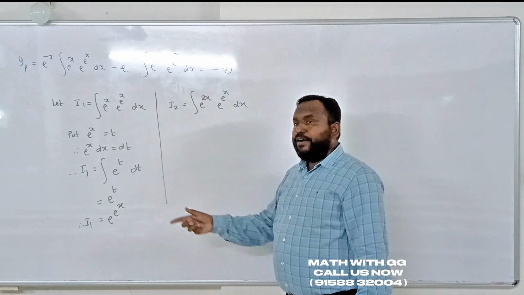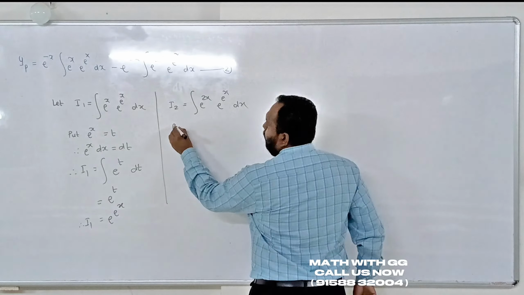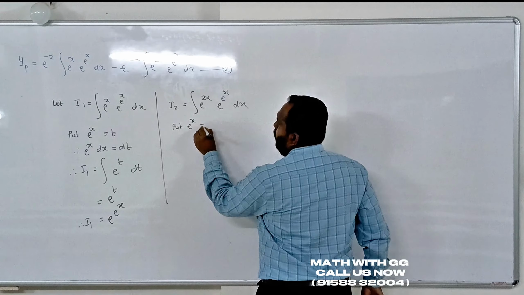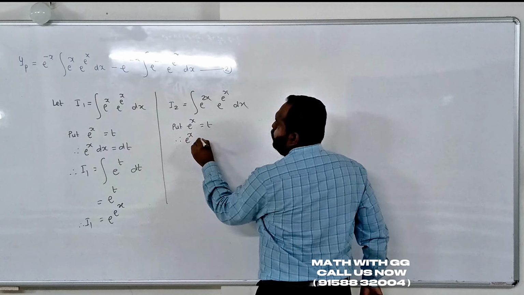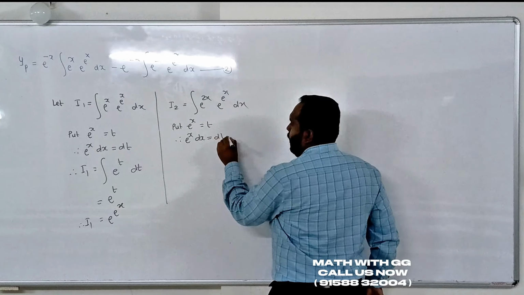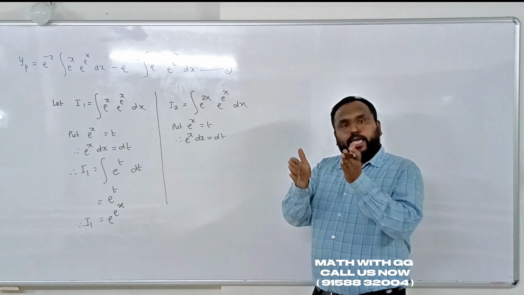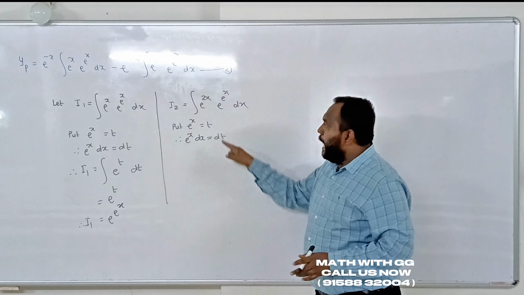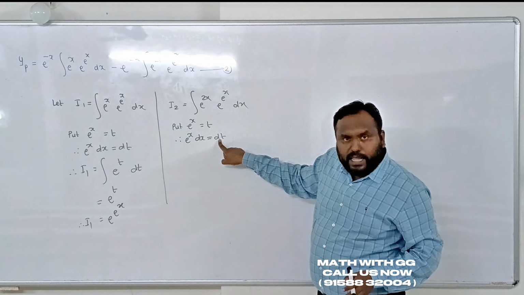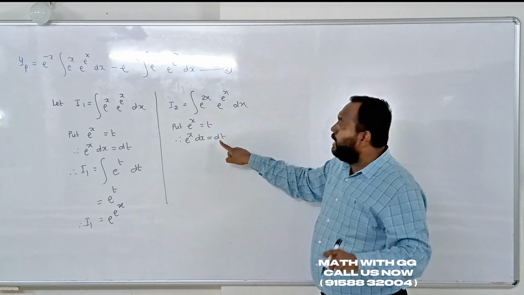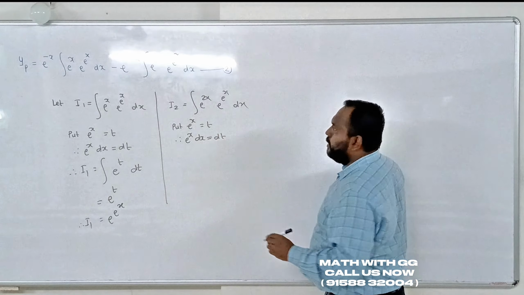Similarly, in I2 we use the same substitution. Put e raised to x equal to t, therefore e raised to x dx equals dt. Now e raised to 2x can be split into two terms, e raised to x into e raised to x. One e raised to x dx will be dt, and the one e raised to x remaining we substitute by t.